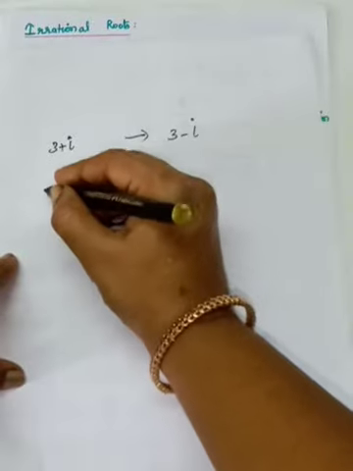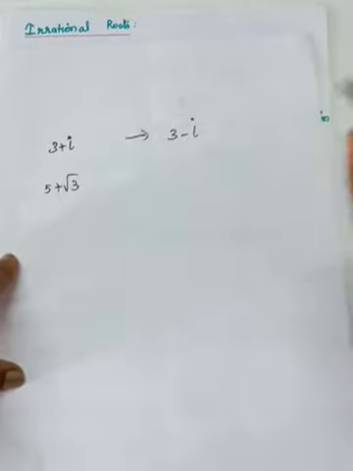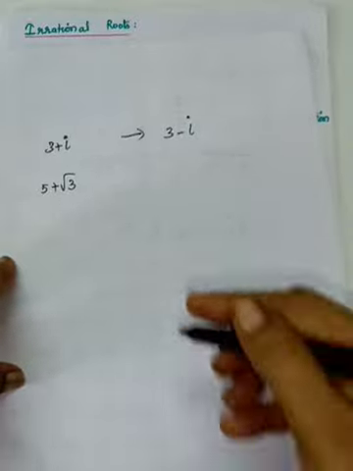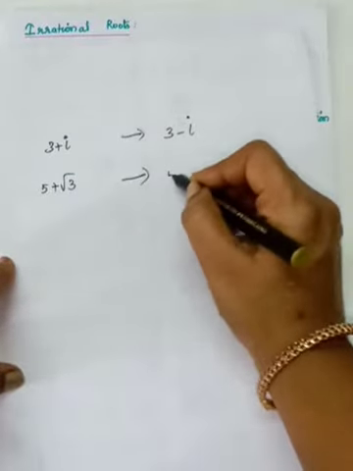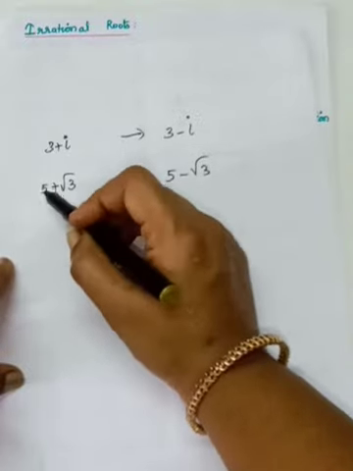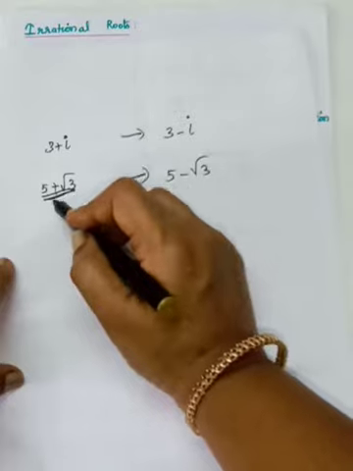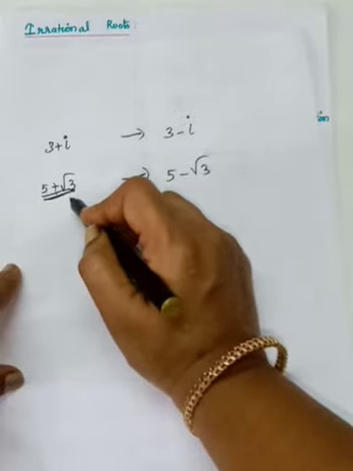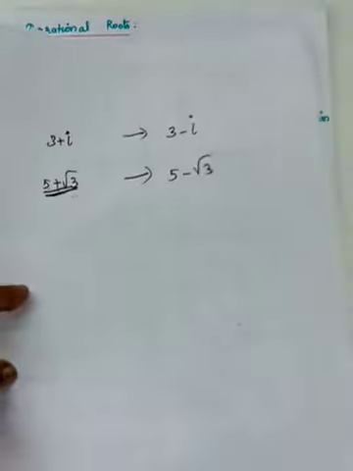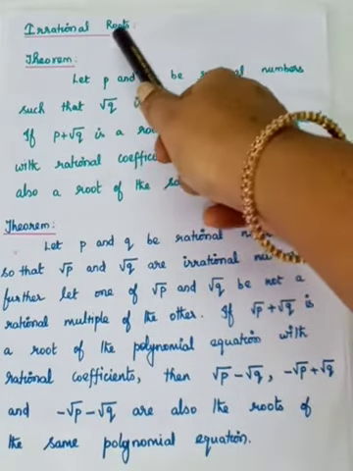Now, if 5 plus root 3 is a root of the quadratic equation, then 5 minus root 3 is also a root. They are not imaginary numbers, we don't have i here. That is the irrational root theorem.